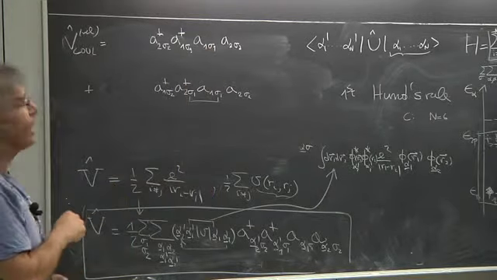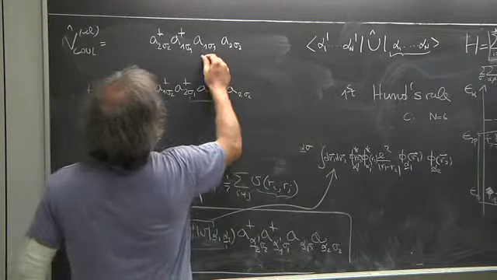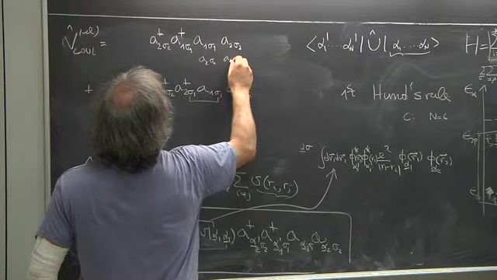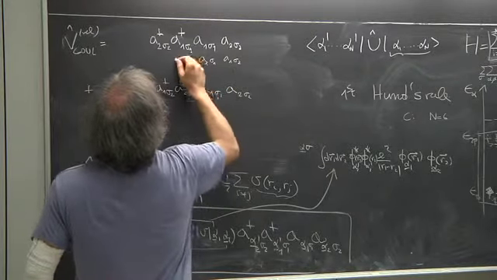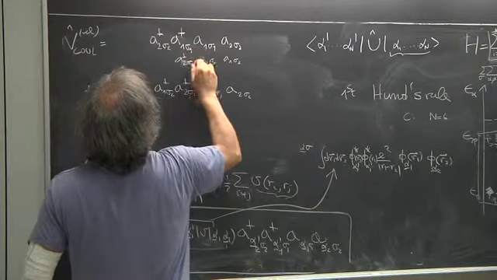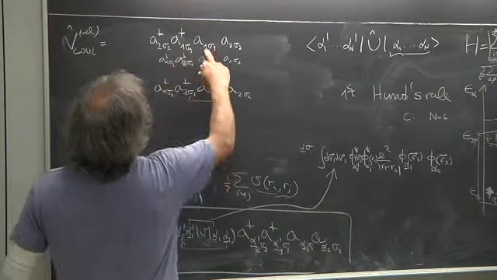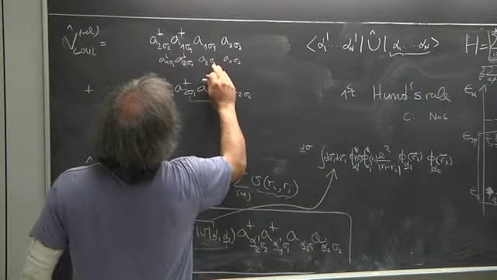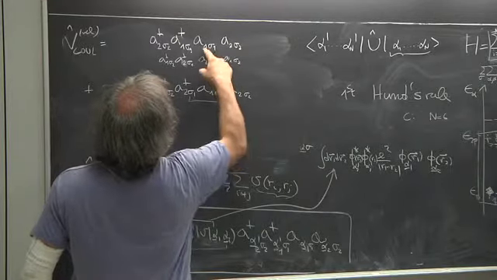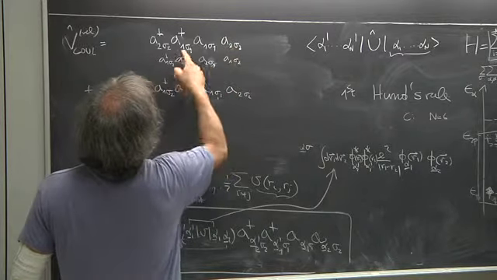And you see that there are also the terms with 2, A2 sigma 1, A1 sigma 2, and A dagger 2 sigma 1, and A dagger 1 sigma 2. In other words, the indices here might be just 1, 2, or 2, 1, and then again 2, 1.